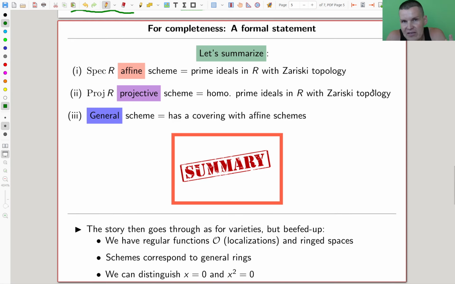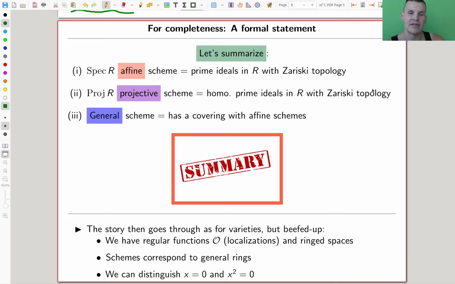So the summary essentially is the Spec, the affine schemes are the prime ideals. So you get rid of all geometry together. You're just studying ideals in a ring. And kind of funnily, that is a generalization of the varieties. It's kind of nice. And you always have the Zariski topology. I'm going to liberally ignore them.